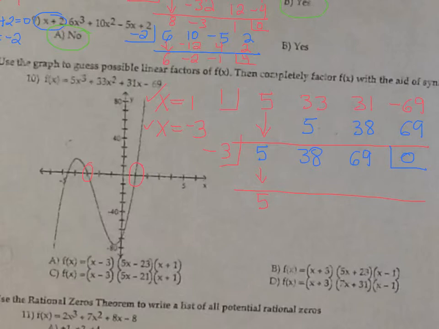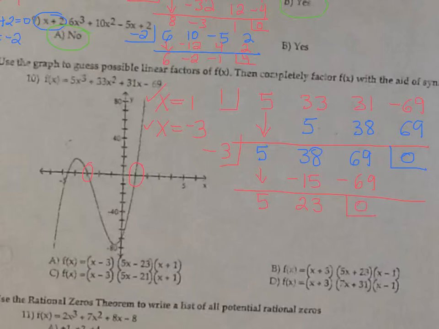So -3 times 5 is -15. Combined with the positive 38, that should be 23. And then times -3, 23 times 3. Oh, you don't add them, you multiply them, so it's -69. And we already know that that was going to be a 0.